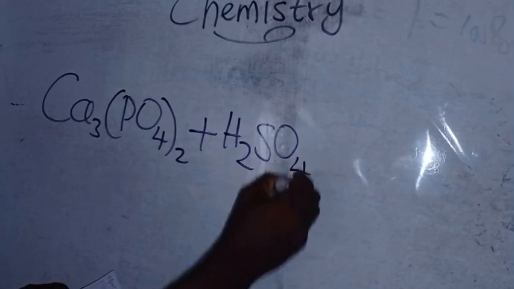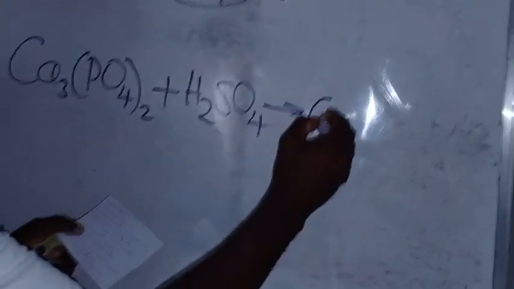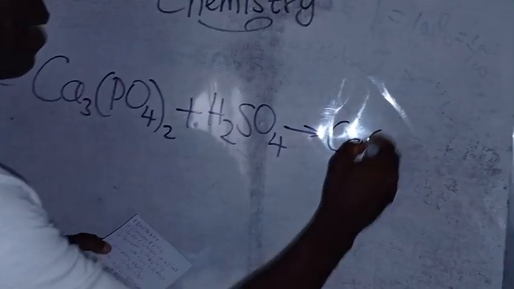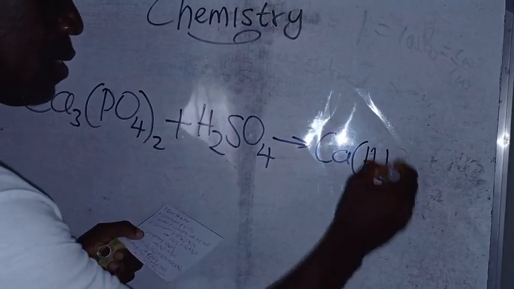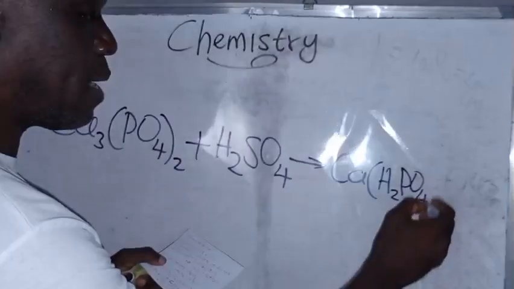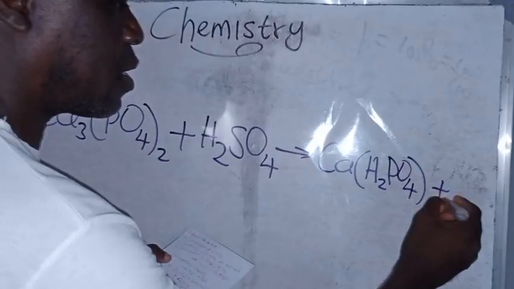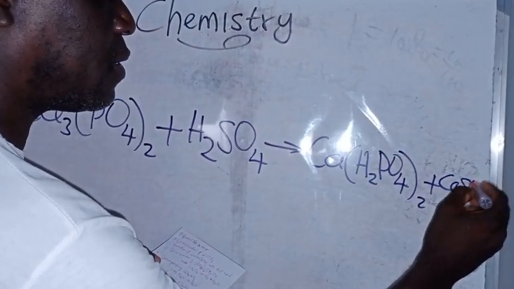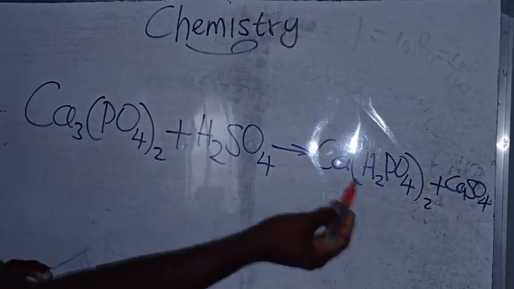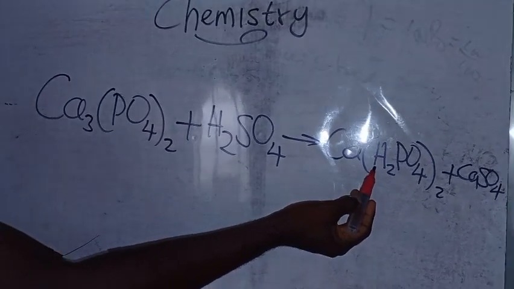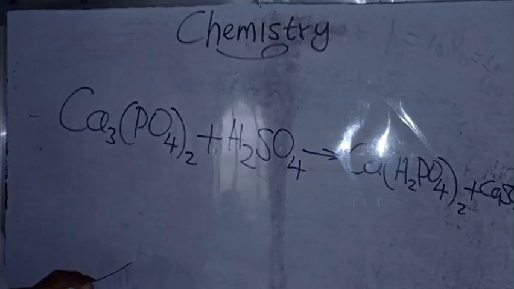It will give us an acidic salt, calcium hydrogen phosphate, then plus calcium sulfate. This is an acidic salt because the hydrogen atom is not completely replaced.